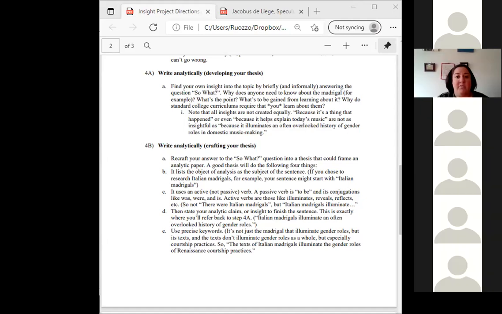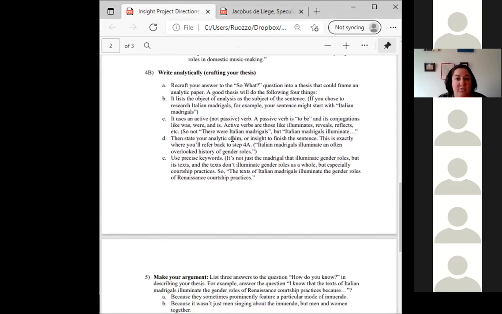Okay. So now that step 4, that so what step, is going to lead to a thesis. Recraft your answer to the so what question into a thesis that could frame an analytic paper. In other words, you're going to take the so what and turn it into its own sentence, its own topic sentence of a potential essay.